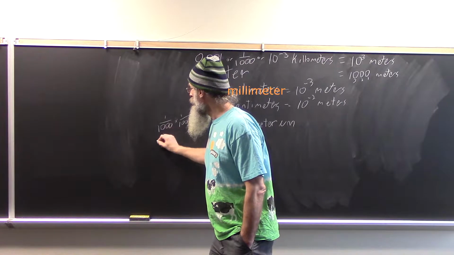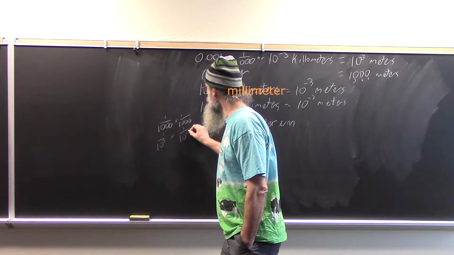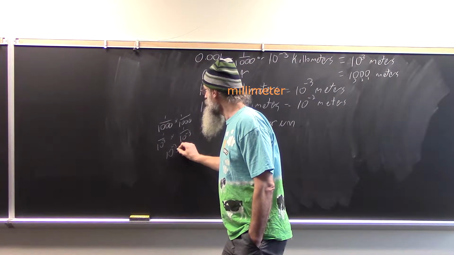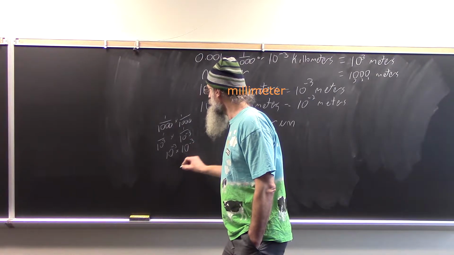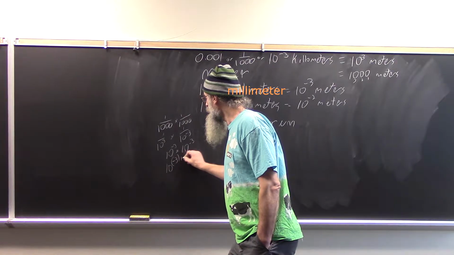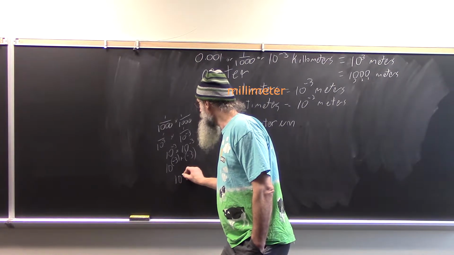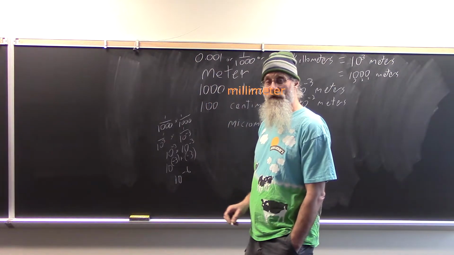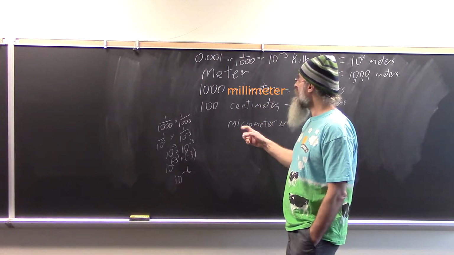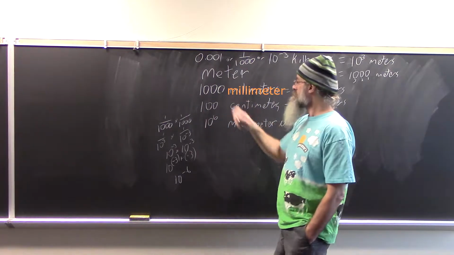Or you could say 10 to the minus 3 times 10 to the minus 3, or 10 to the minus 6, or 1/millionth, or you could say that there are 1 million, or 10 to the 6, micrometers in a meter.